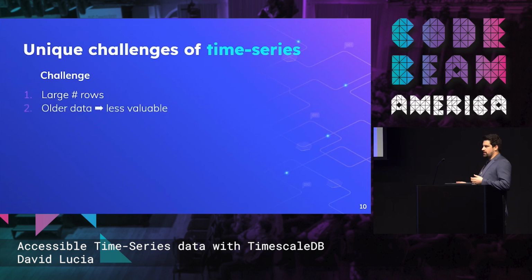Also, the older data gets less valuable. So I probably don't really care about what happened, my heart rate last year, 5 years ago. I might care about some statistics about, in general, what happened with the change in my heart rate for my general health, but I don't care about the specific beats on some random Tuesday.